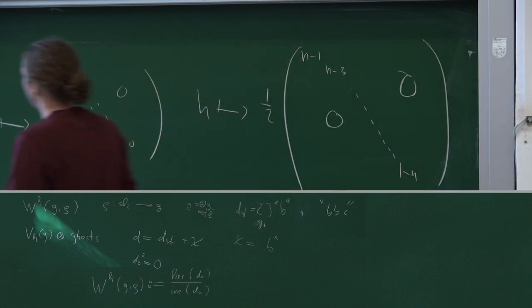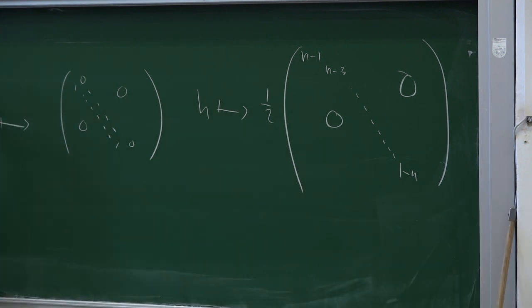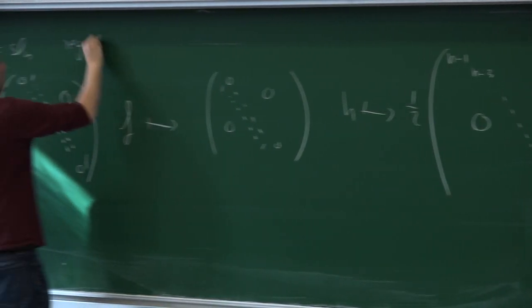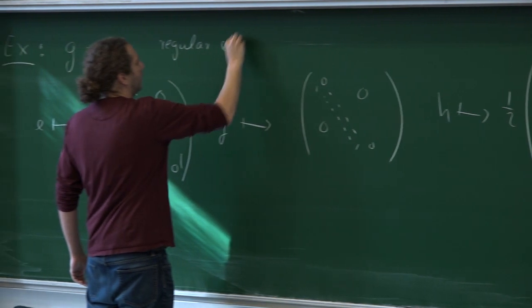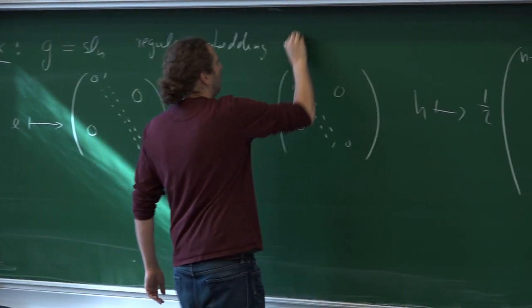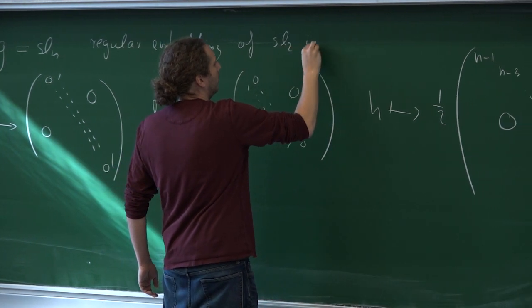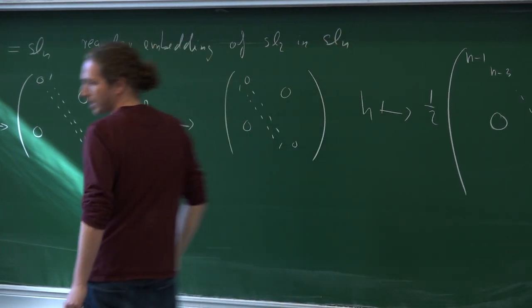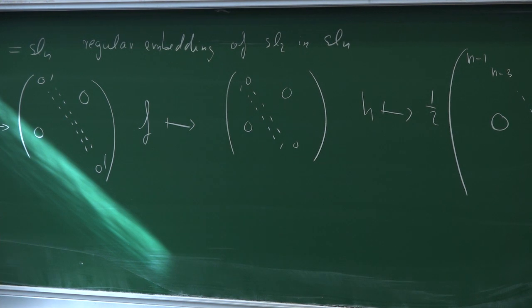This is called the regular embedding of SL2 in SLN. And so this W-algebra is called the regular W-algebra.